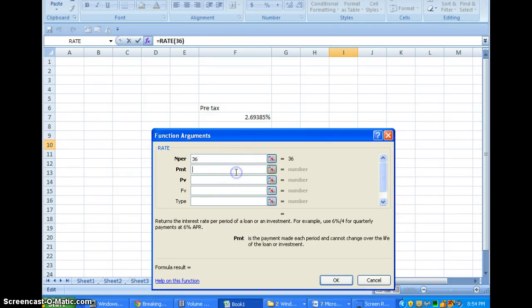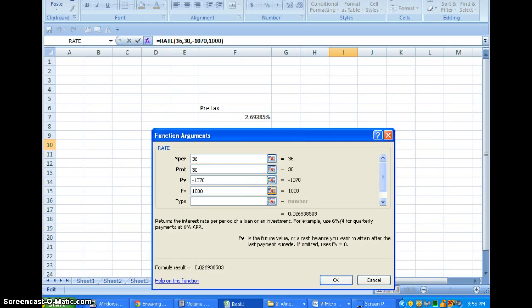Payment: if it pays 6%, you know the par value is $1,000. That's $60 a year, so that should be 30 bucks per payment. Present value, minus 1070. The reason why it's present value is because, remember in class, premium, par, discount, you're paying $1,070 to buy this bond. And the future value is going to be $1,000.